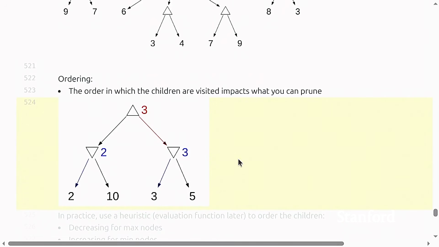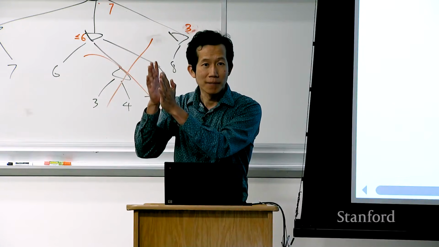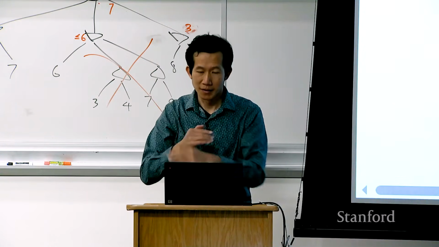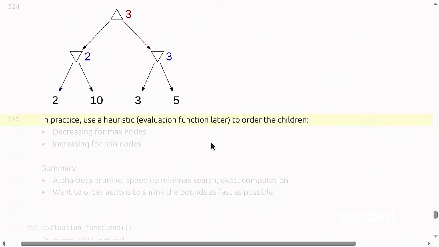Okay? So in practice, what you want to do is to go through the child nodes. If you're at a max node, you want to go through the child nodes that are more likely to be large. Because the larger they are, the tighter the bound is, and then the more you can prune. So if I were able to do 3 first, rather than 2, then I could have pruned it, but not the other way around.